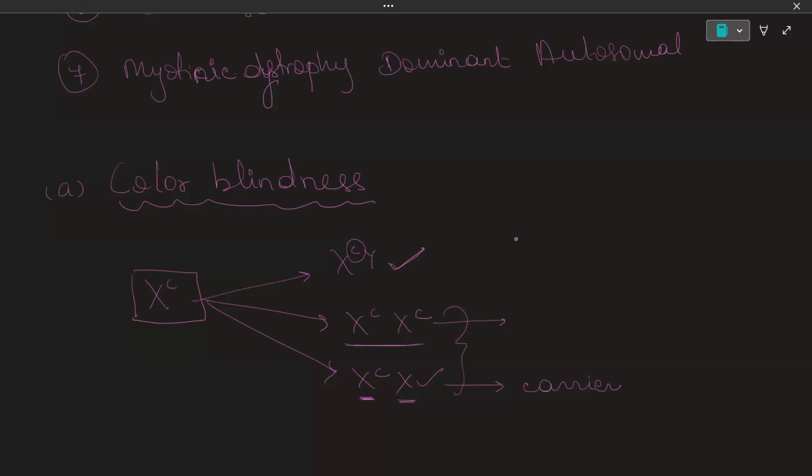In which condition is the recessive trait expressed? When there is no dominant trait present. And that type of situation is known as what? Codominance?